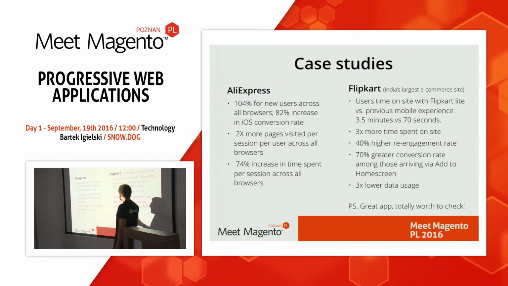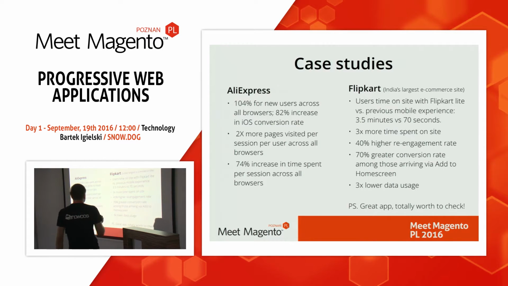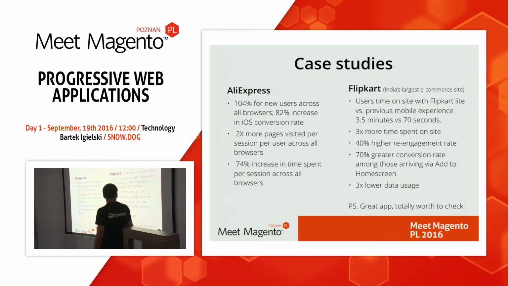Another great example is Flipkart. It's India's largest e-commerce site. I really advise you to open it up on the phone, even right now. It works really nicely offline. Users spend a lot more time in their app.